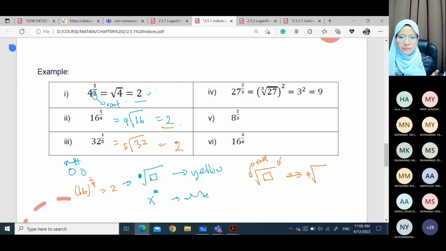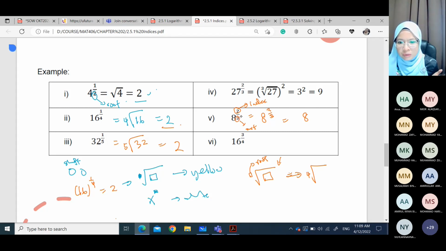Okay? Boleh? Yang ini 8 to the power of 2 over 3. So it is equivalent with 8. Macam sebut tadi, yang atas tu adalah index ataupun power, yang bawah tu adalah root.